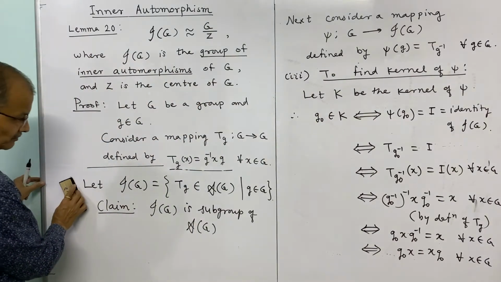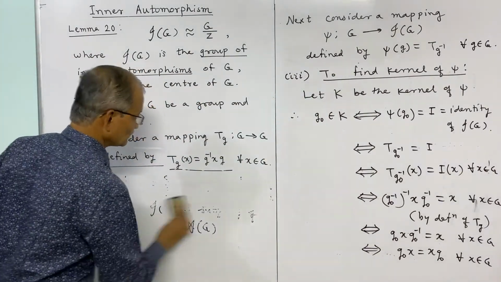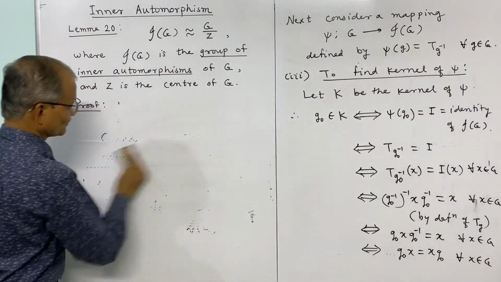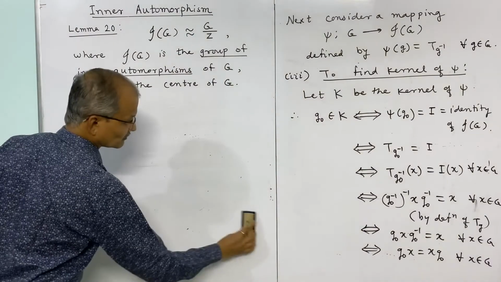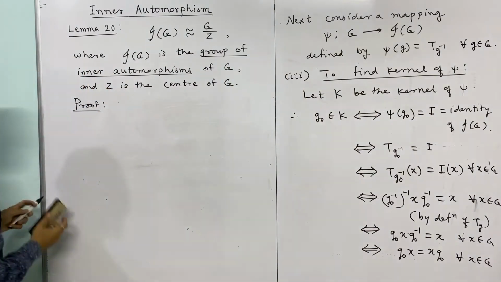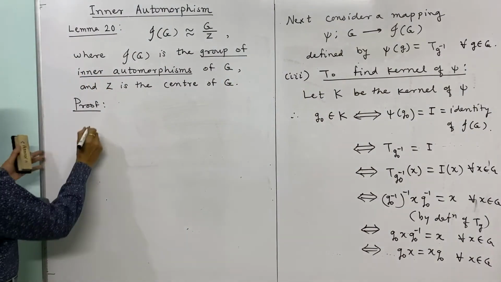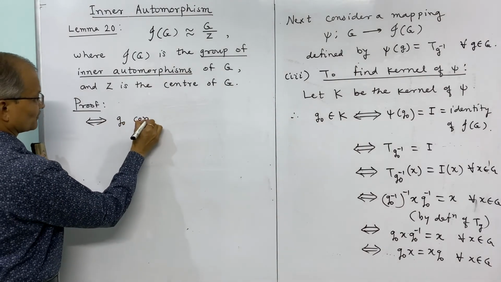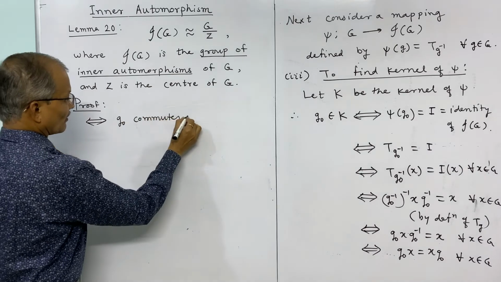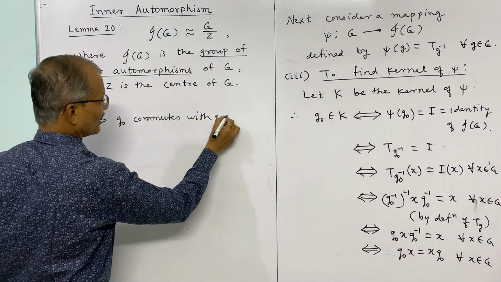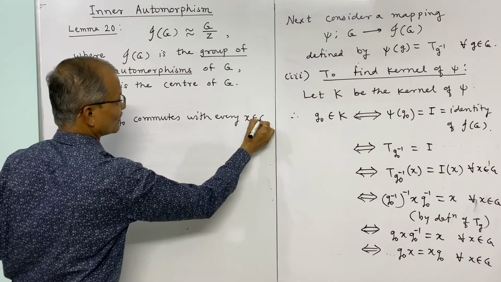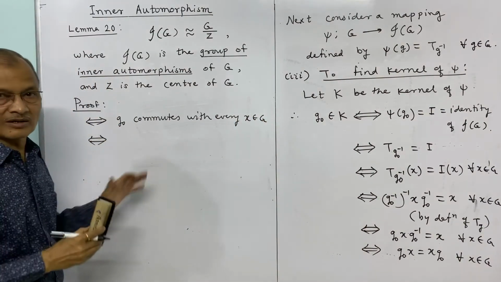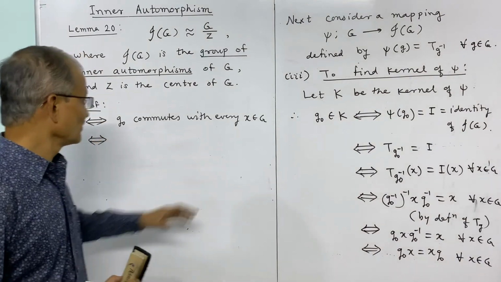This implies and is implied by G0 commutes with every x belongs to G, and this implies and is implied by G0 is in the center of G.